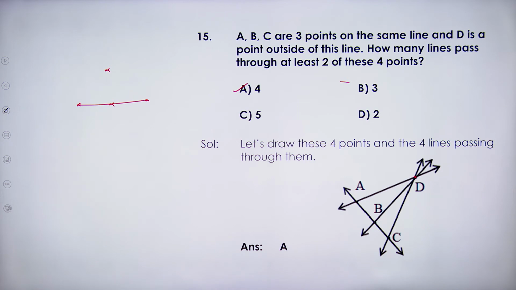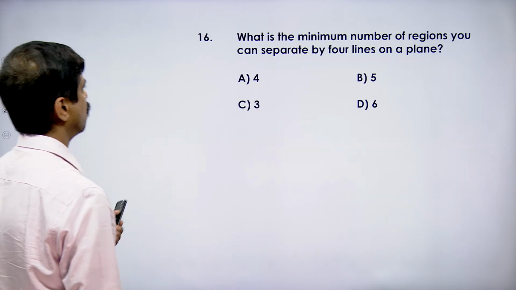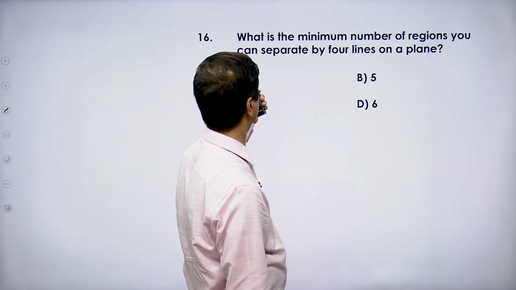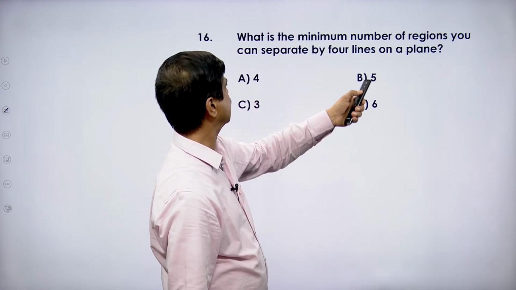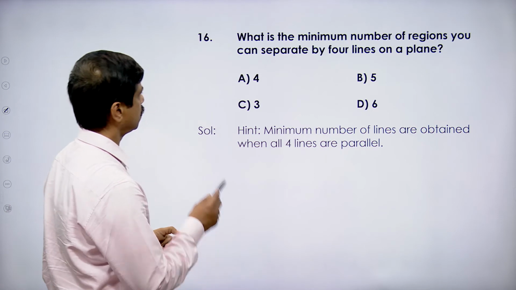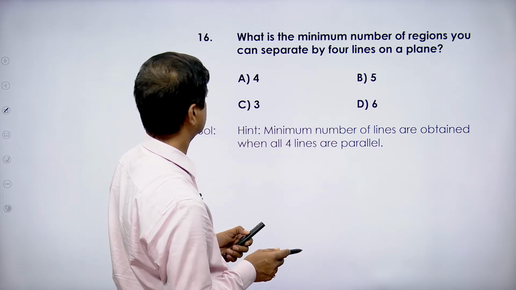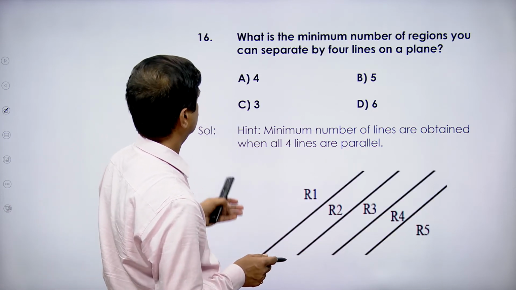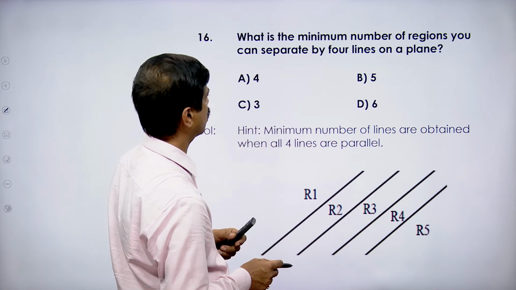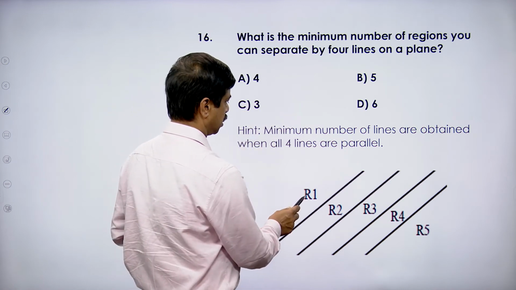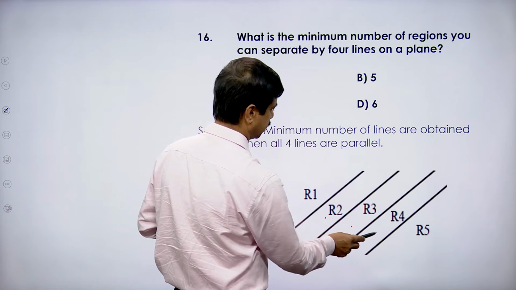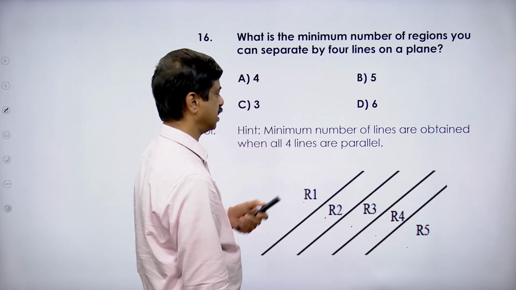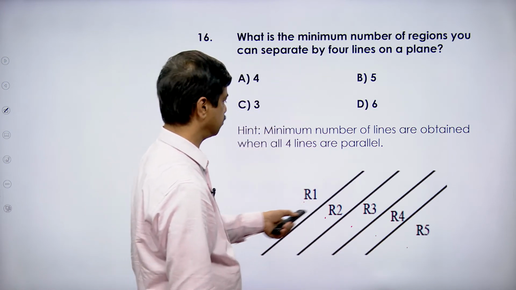Okay children, so let us go to the next question. What is the minimum number of regions you can separate by 4 lines on a plane? You see, region 1, region 2, region 3, region 4 and region 5. So how many regions can be separated using 4 lines?